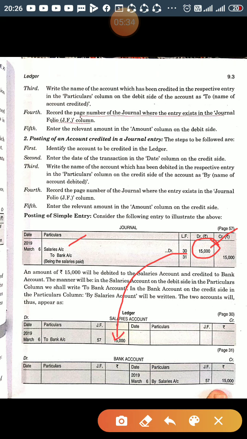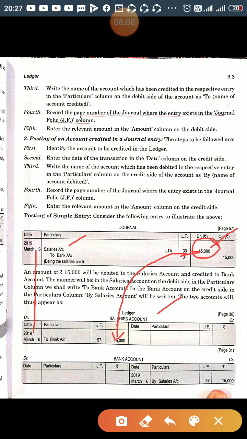Now you will write the date in the date column. And in the particular column, the account which is credited against the salary account, you will write the name here, because in the ledger, if you are opening the salary account, you will not mention the salary account inside the format.